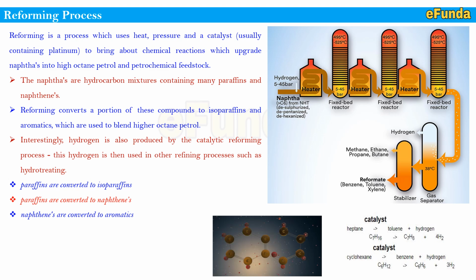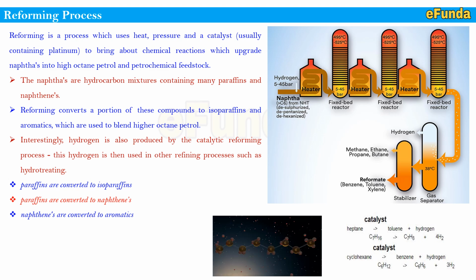Then the remaining part is passed to the second stage heater, then a fixed bed reactor, then a heater, again a fixed bed reactor, and finally it reaches the gas separator, where the hydrogen is removed separately.